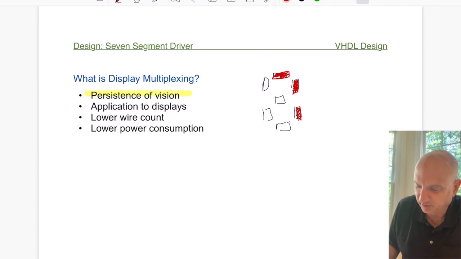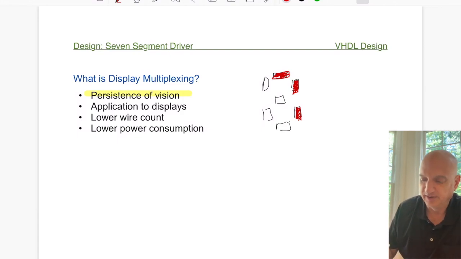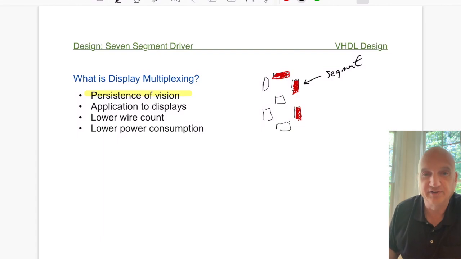Like this could be the number 7 by lighting those various elements. Now, each segment, and this right here is a segment, is an LED in the device. And so we have 7 of them here. That's why it's called a 7-segment display. And all 7 of those combined together will represent a number.